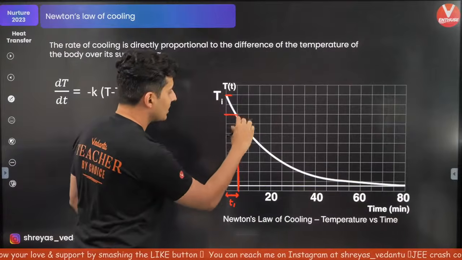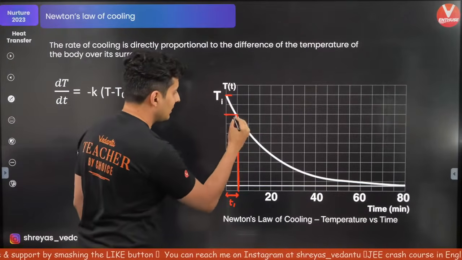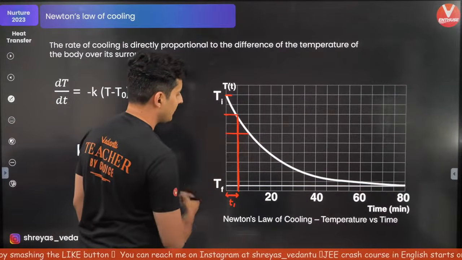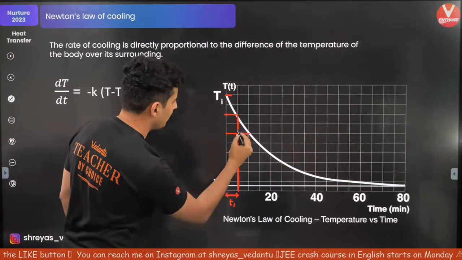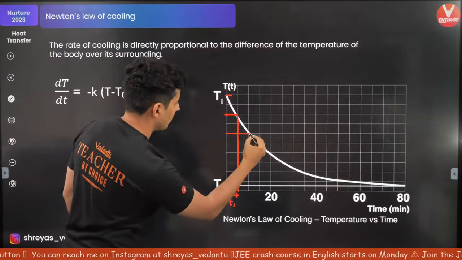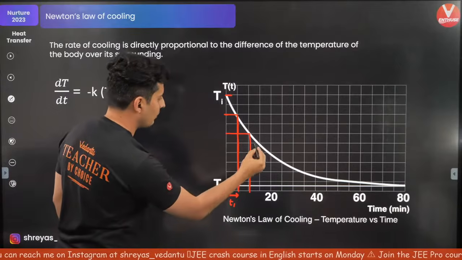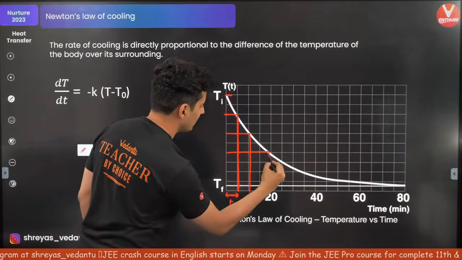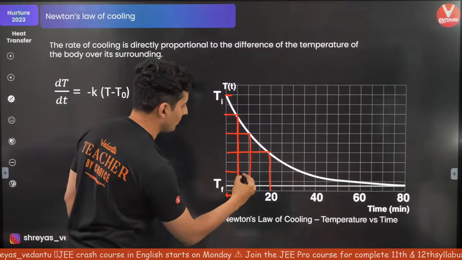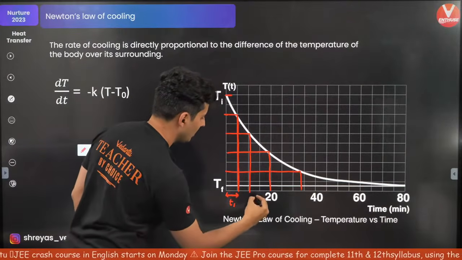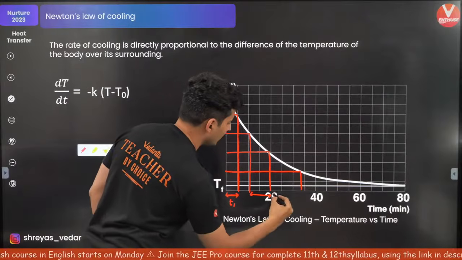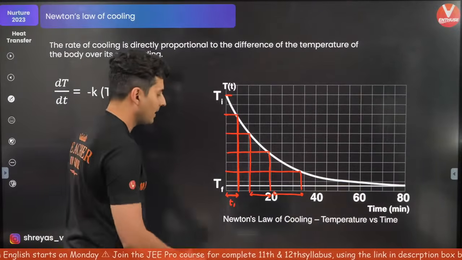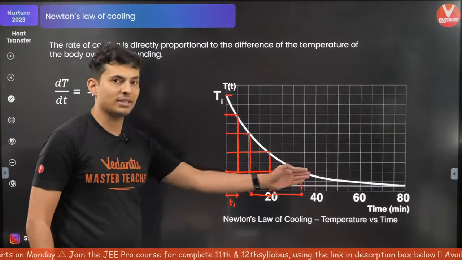Now, next, to change the temperature by 2 blocks, I might take some more time over here. And for the next 2 blocks, it will take even more time. I hope you can see the time taken increases as you proceed.